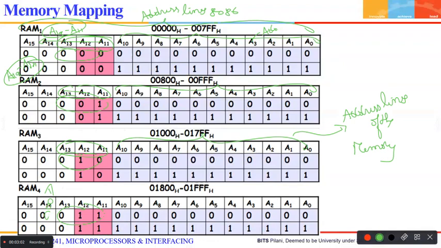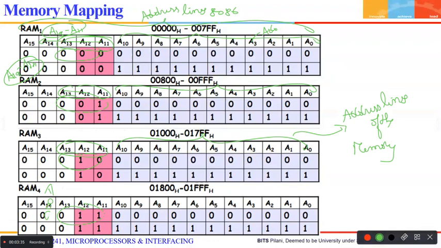Can you tell me why A0 to A10? Because it is 2 kilobytes of memory, right? Your 2 kilobytes memory chip requires 11 address lines. So 11 address lines of the 8086 microprocessor will go directly into the memory chip.